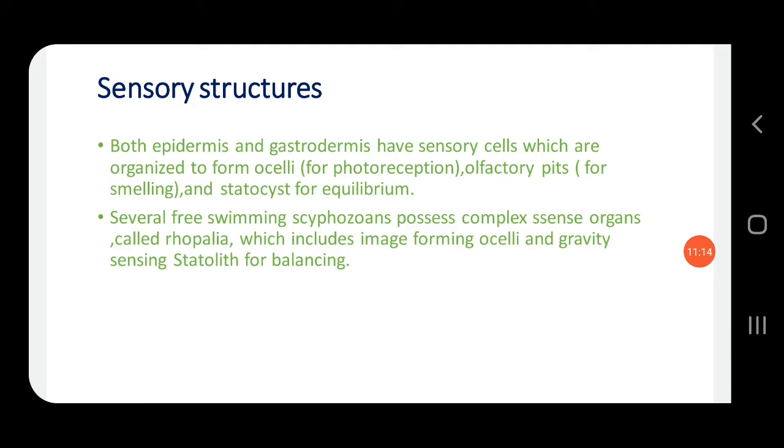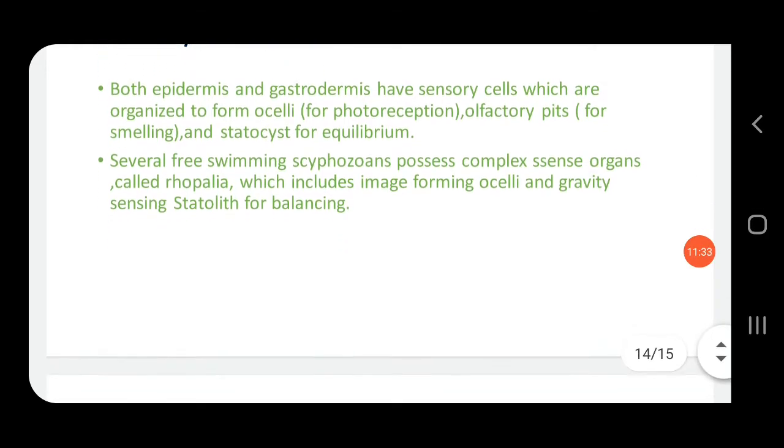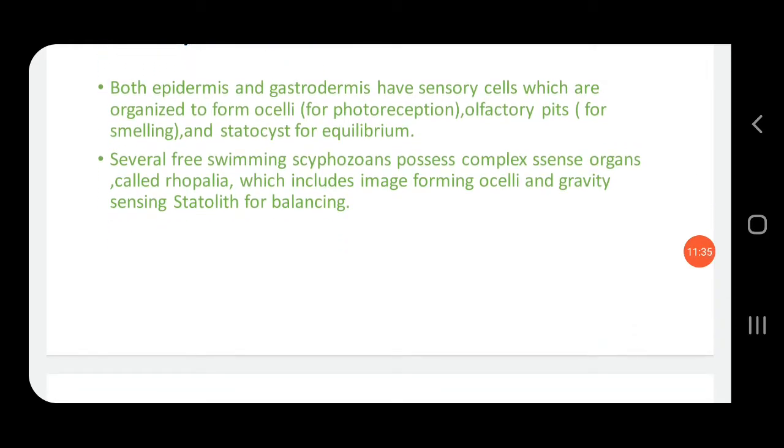Among the sensory structures in this group, there are photoreceptor cells known as ocelli, smelling cells in the form of olfactory pits, and statocysts for equilibrium. Special sense organs known as rhopalia are also present in some groups, which work for the formation of image and gravity sensing by special cells known as statoliths.